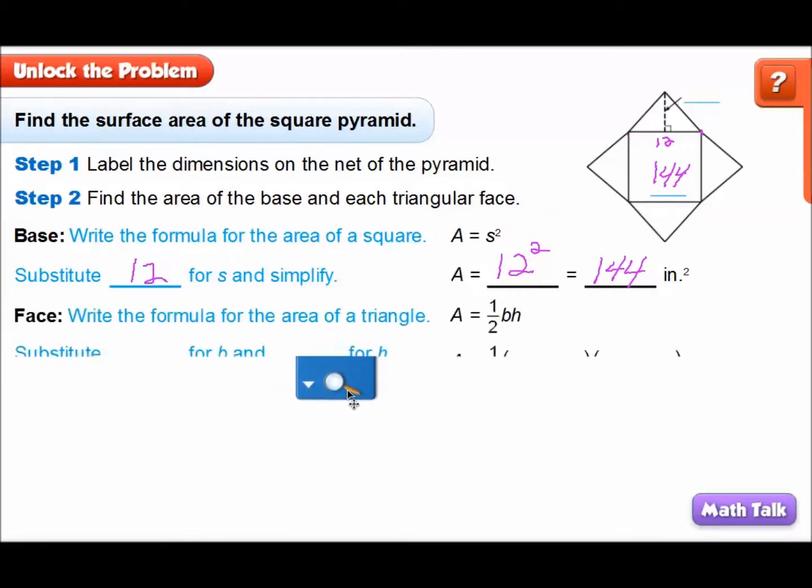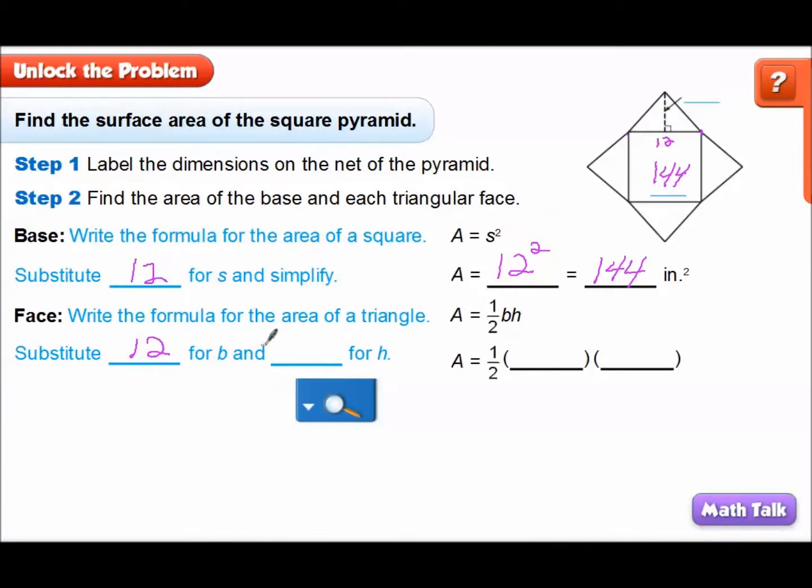We need the formula for each of the triangles, which is half base times height. Now, hopefully you notice that the base is the side of the square, and the side of the square was 12. So the base is 12, and the height is the height they said here of the triangular face.